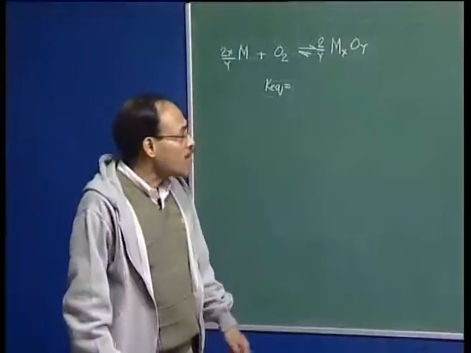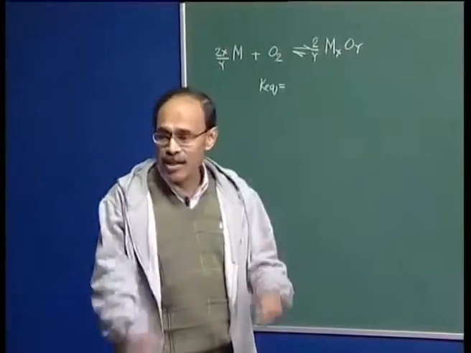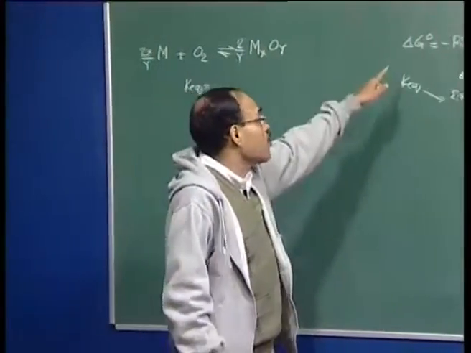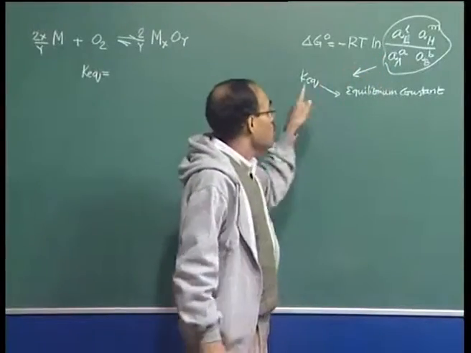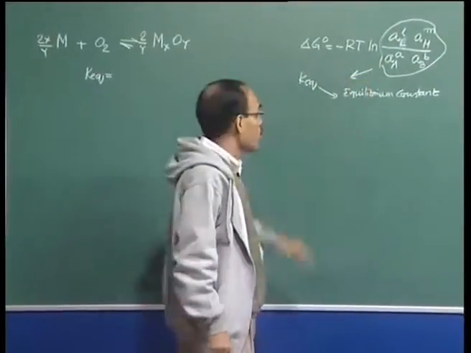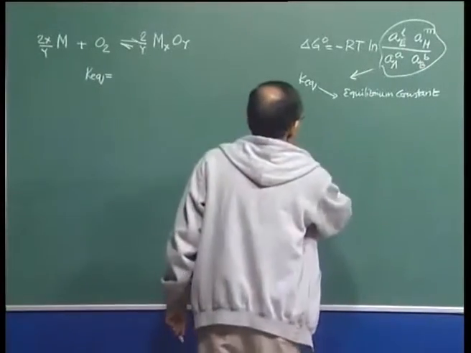indicates. So, at equilibrium, when delta G is equal to 0, I have shown that delta G naught is equal to this parameter, and this, as you all know, is called the equilibrium coefficient or equilibrium constant.